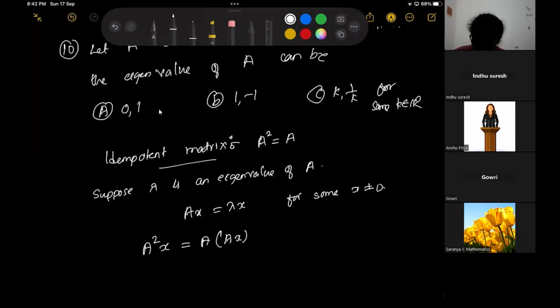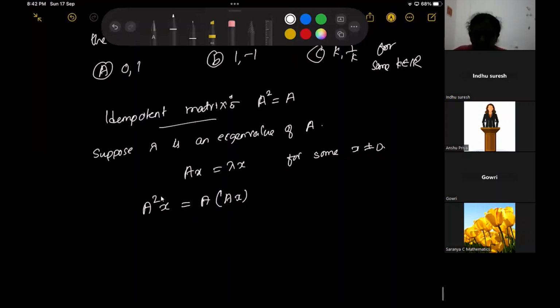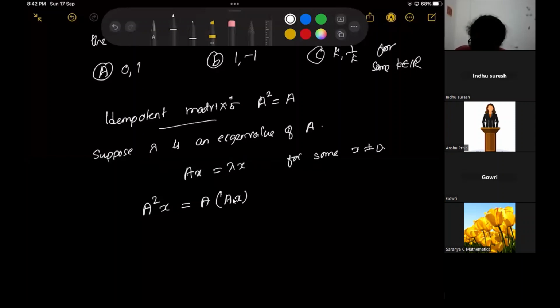Okay, let me prove it. So A square x is A into Ax. And what is Ax? Ax is lambda x. Now, we can take this lambda outside. So it is lambda times Ax. Again, this Ax is lambda x. So lambda into lambda x, which is equal to lambda square x. Here we used the Ax equal to lambda x property.